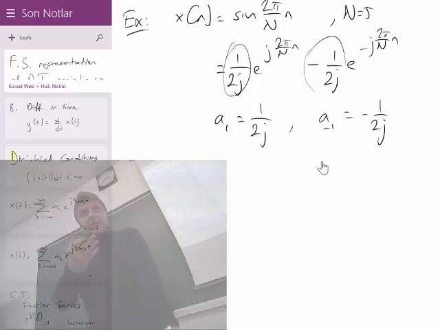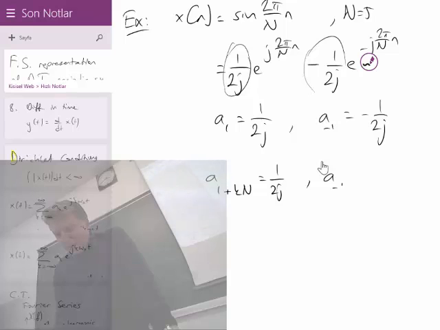In order to be more complete, more mathematically complete, you can say that A1 plus some integer times the period is also equal to 1 over 2j, and A minus 1 plus some integer times the period is also equal to minus 1 over 2j, because they are repeating themselves. Which means if N is equal to 5, for example, then A1 is equal to 1 over 2j, and A6 is also 1 over 2j.